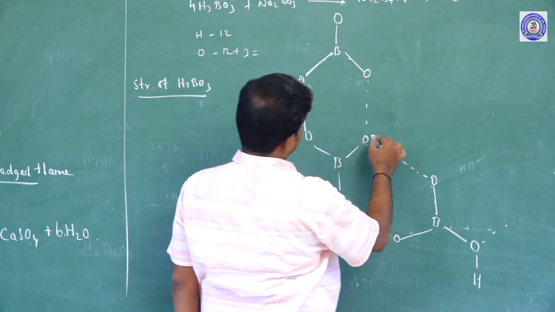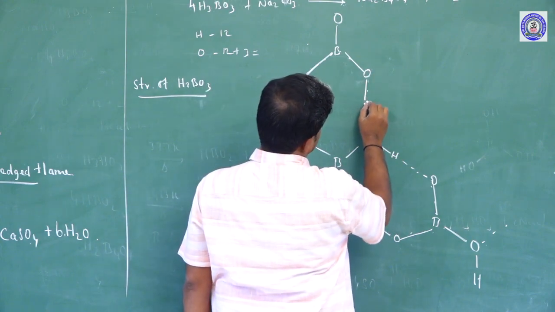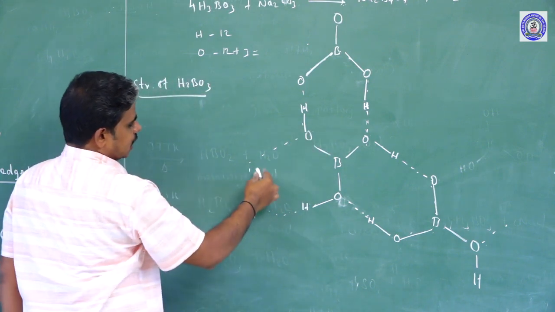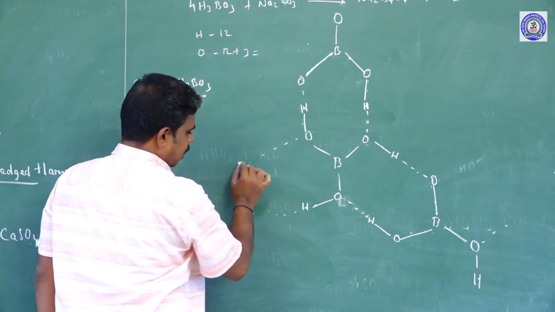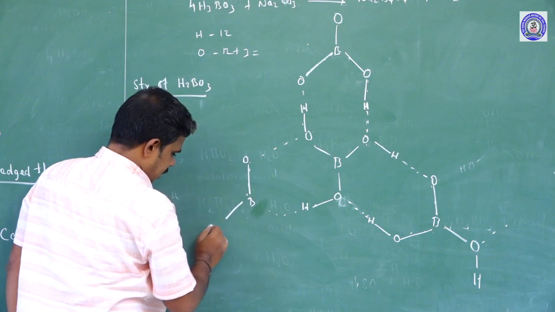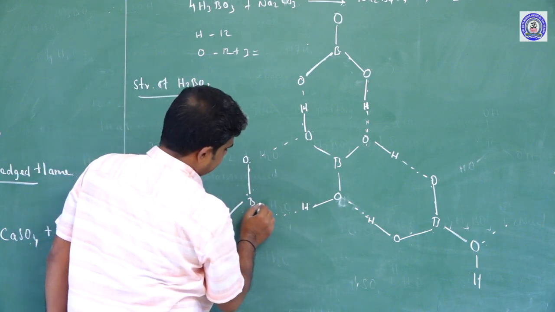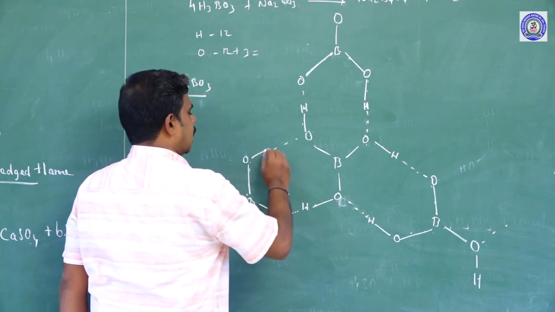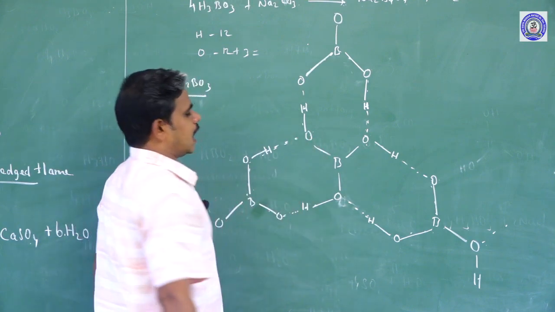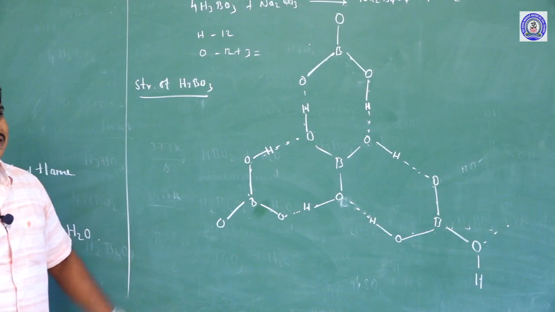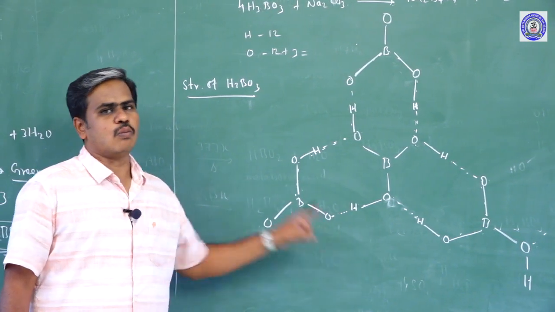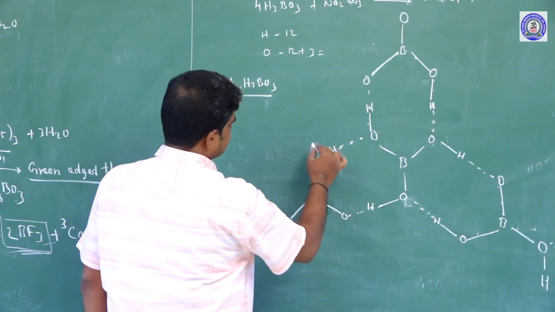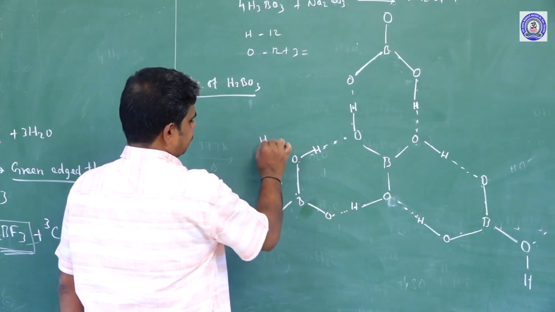Here there is a hydrogen, so it is a hydrogen bond, and here oxygen, and here oxygen. There is a hydrogen bond here, and here there is a hydrogen bond. So this is the structure of boric acid.